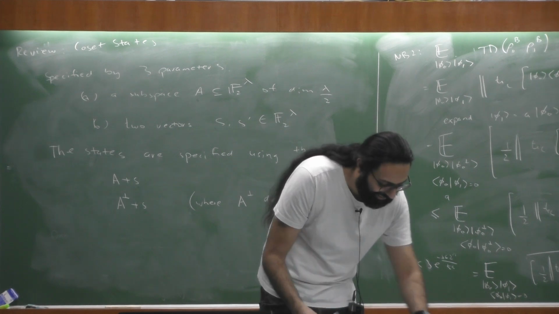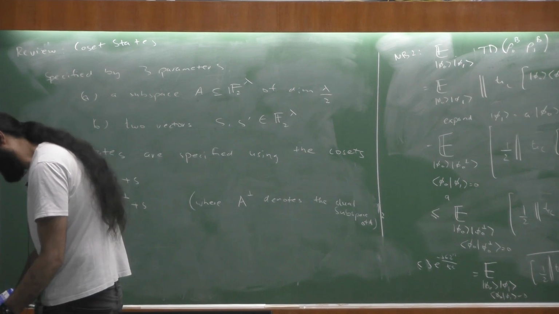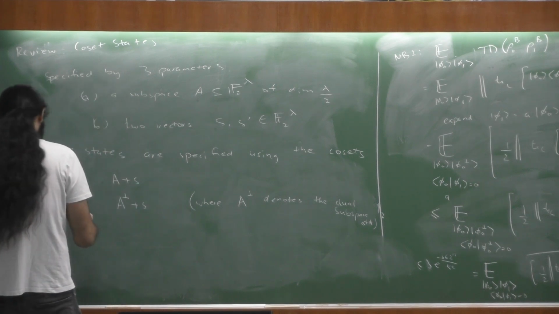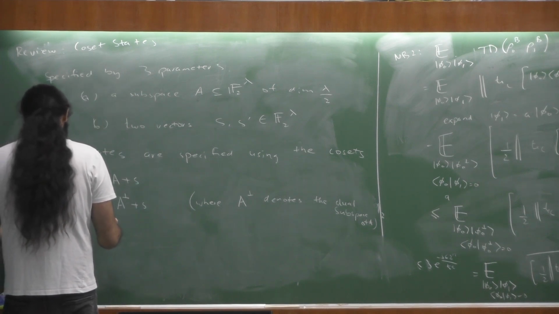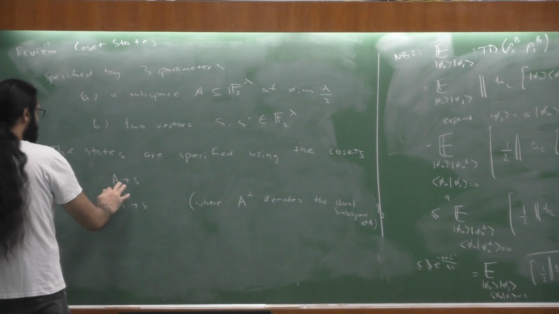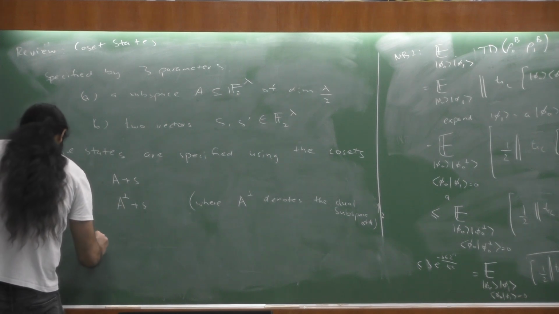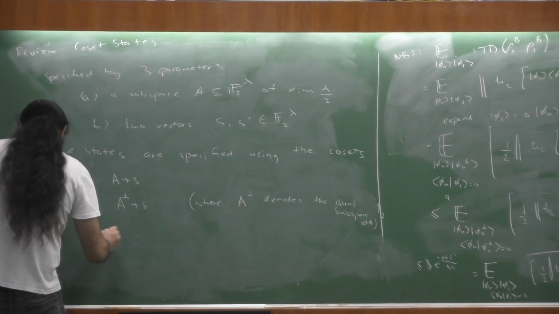Let's do it later. Okay, so we have this, and now what we are saying is, the states are basically specified using these cosets, and you write them as A, S, S prime.